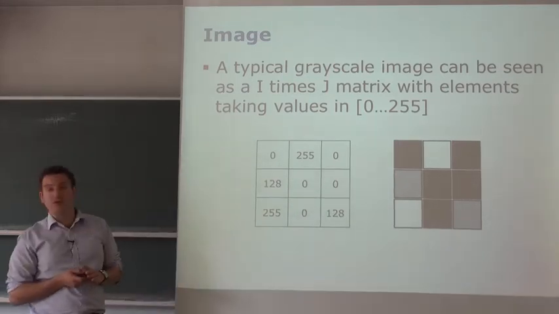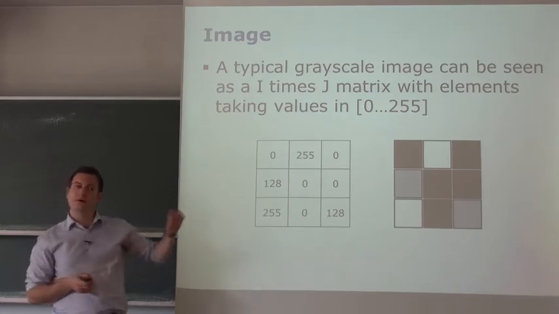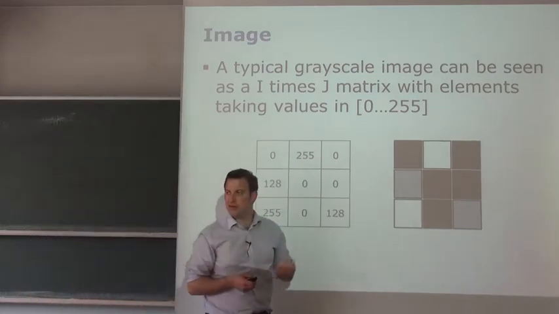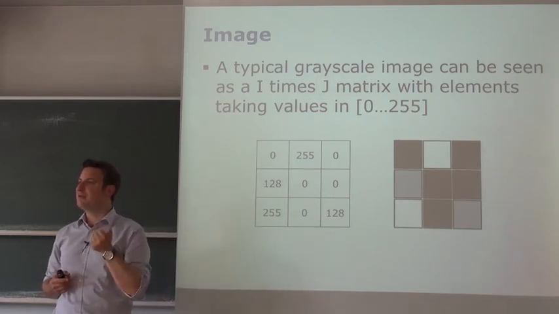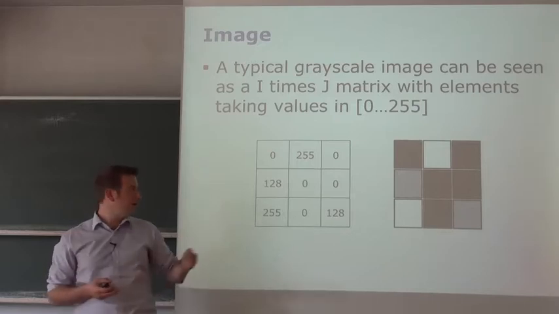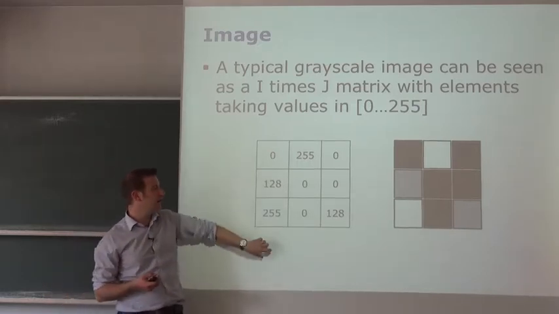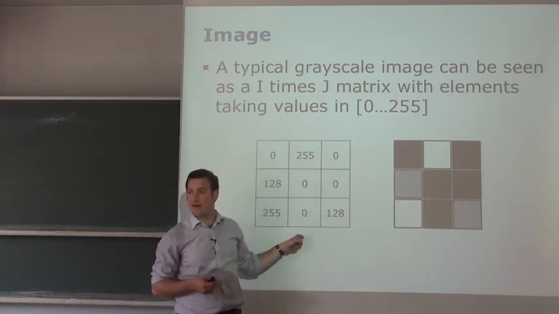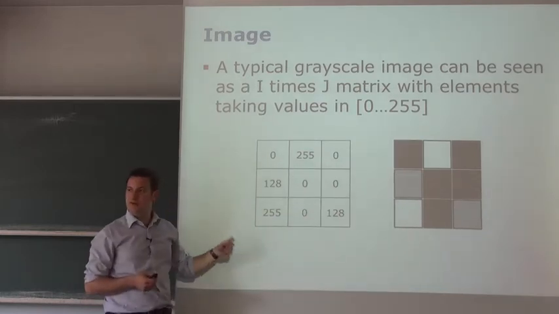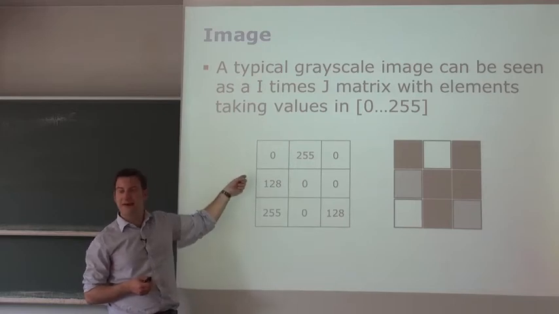And what I can now do is build a histogram from this image. The histogram stores the intensity values and the number of times each intensity value occurs. So if I ask, how often does the value 0 occur in this image? Actually, 1, 2, 3, 4, 5. So the histogram for intensity value 0 would be 5.